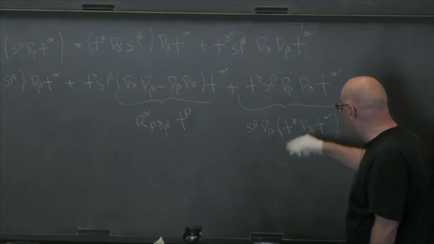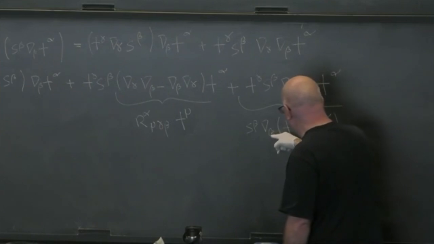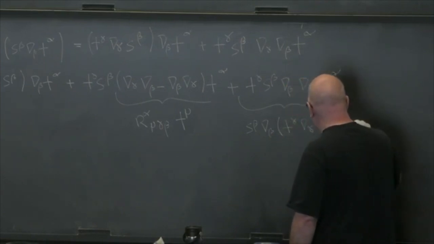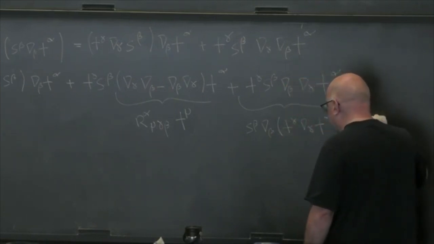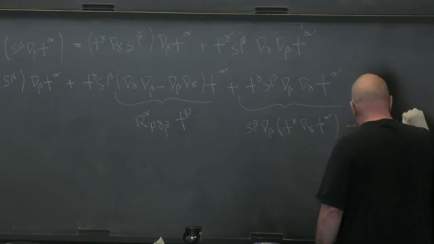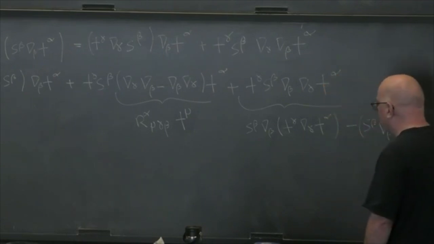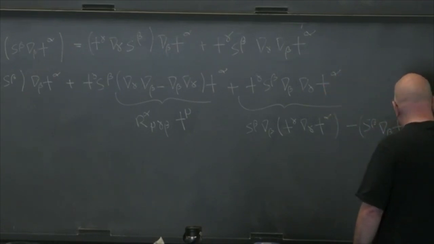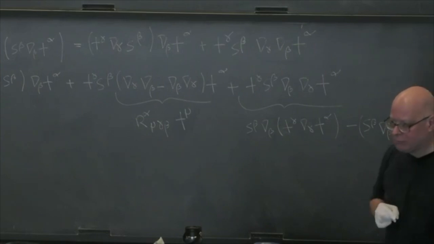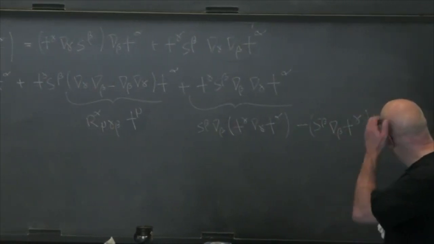But of course I have to make up for what I just did, so I now have to differentiate the T vector. So I have something left over, and that's going to be S beta derivative of gamma, T gamma, that multiplies the derivative of T.